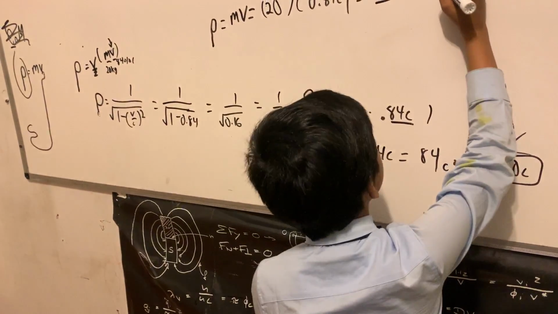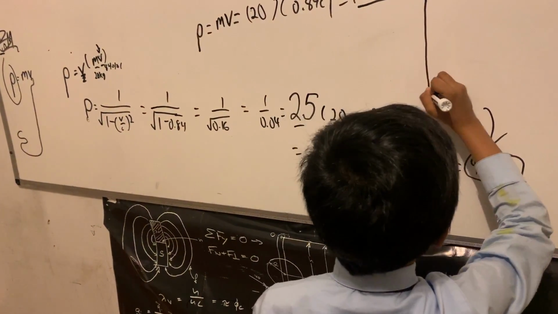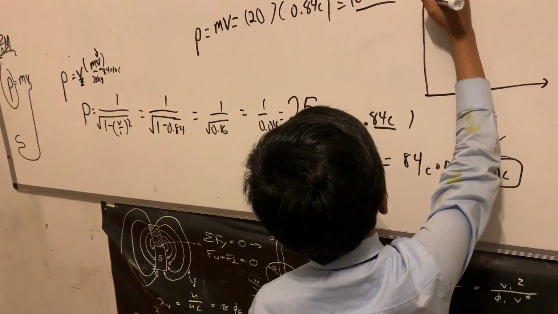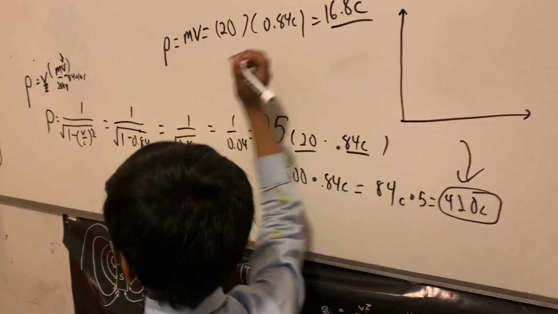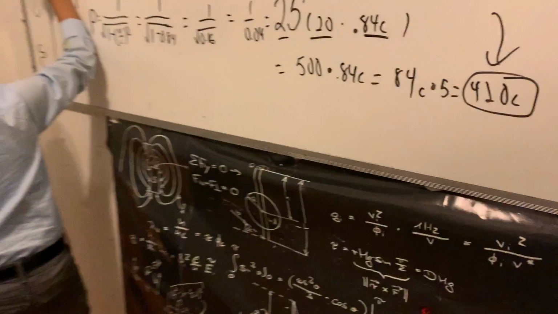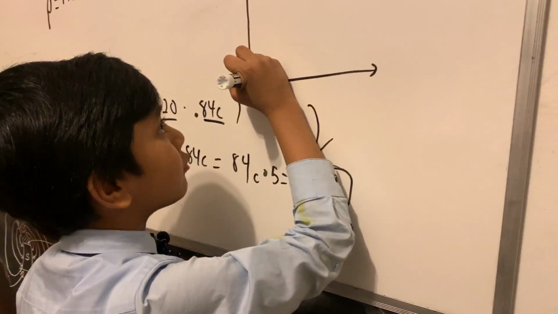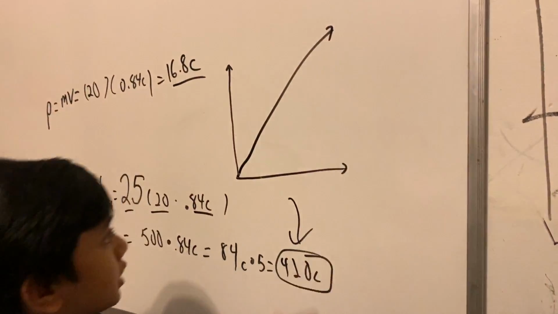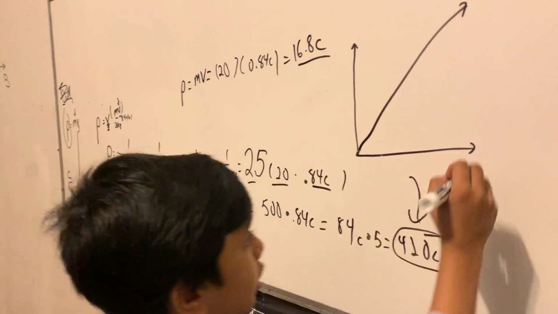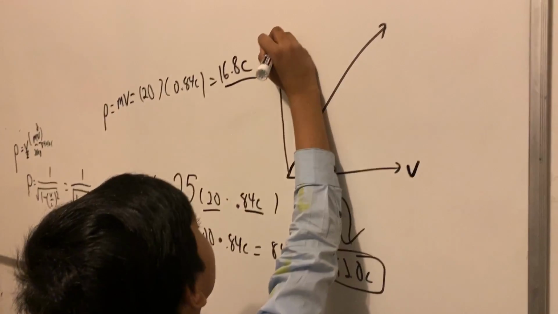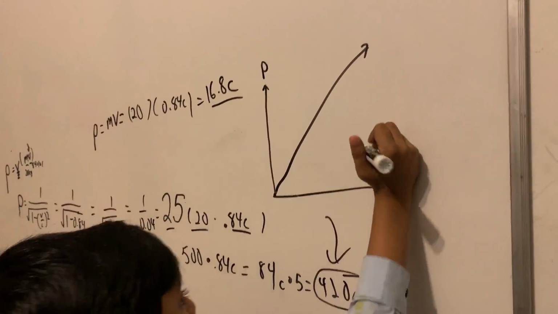Thus, that gives us a certain kind of graph. When you're looking at the regular equation, it's obviously linear. It's the simplest kind of graph you could ever encounter in your life. When your velocity increases, so does your momentum. And the same goes with mass.